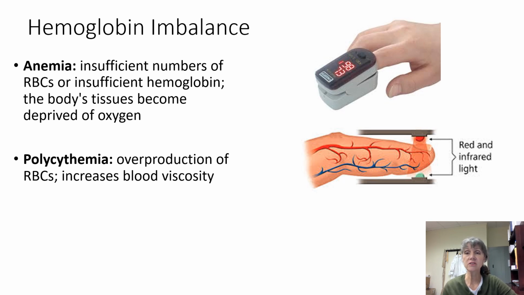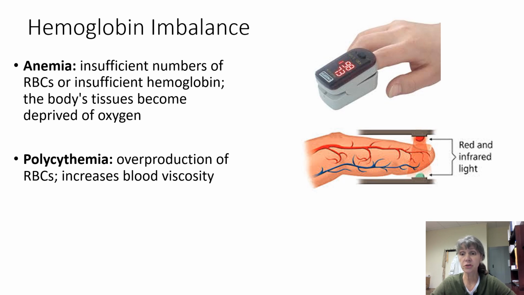What you see on this particular slide is a picture of a person's finger in a pulse oximeter, which is a small machine that shines light through the finger, and it measures the percentage of hemoglobin sites that are occupied by the oxygen in a person's blood. And that value is what we refer to as a percent saturation or percent sat.